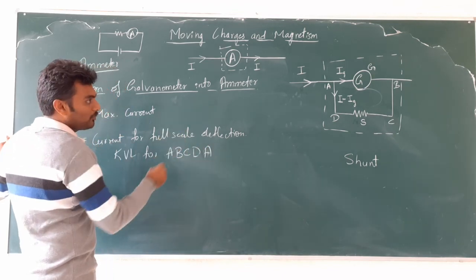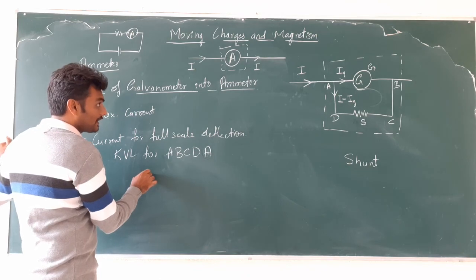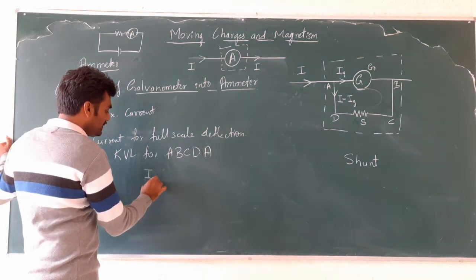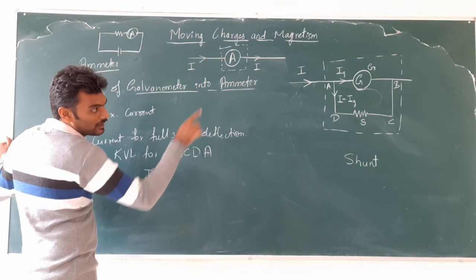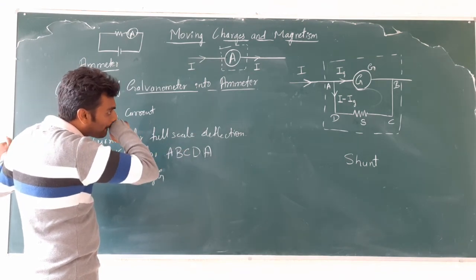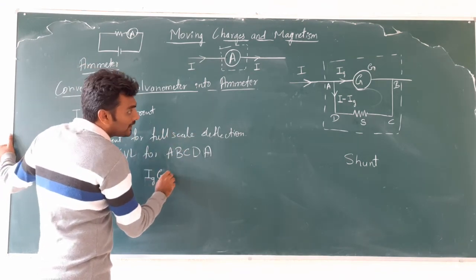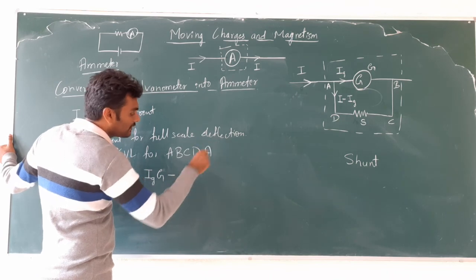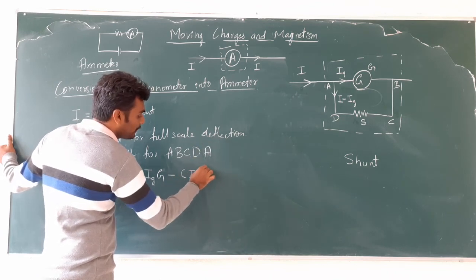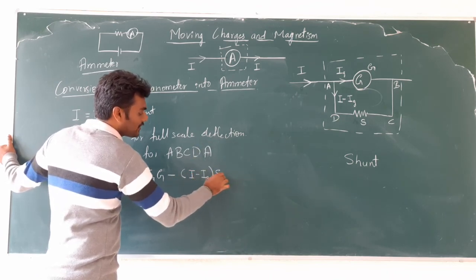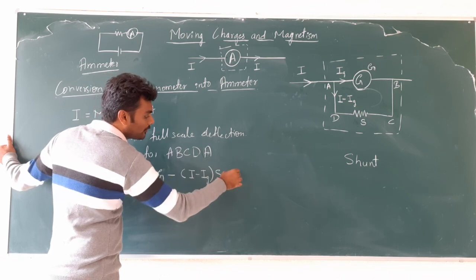From A to B, current is Ig, resistance is G, so it is Ig G, positive. And from C to D, it is minus, because current is in the opposite direction, minus of (I minus Ig) times the resistance S, is equal to 0, since there is no EMF in the loop.